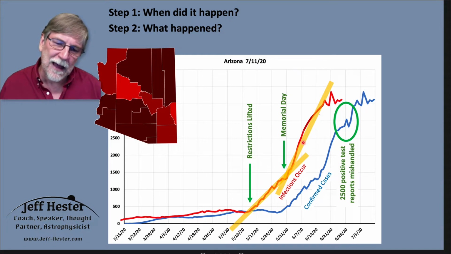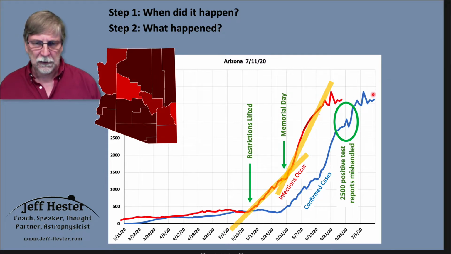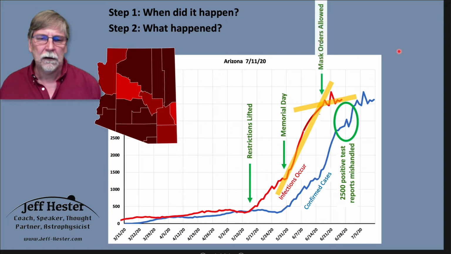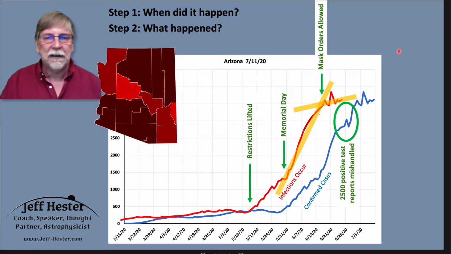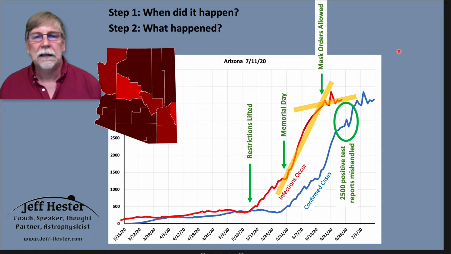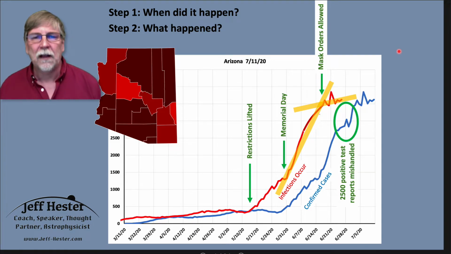you've got that bunch of cases coming in, and then things kind of turn over in here and start looking not so bad again. What happened there? Well, that's when the governor finally decided that instead of telling communities, you may not impose any other restrictions, he told communities, okay, if you want to order people to wear masks, you may do so.